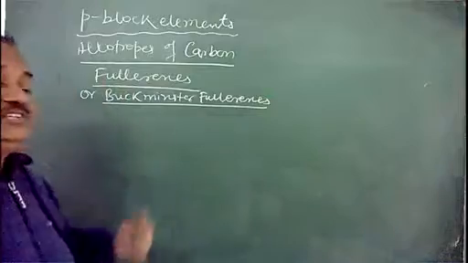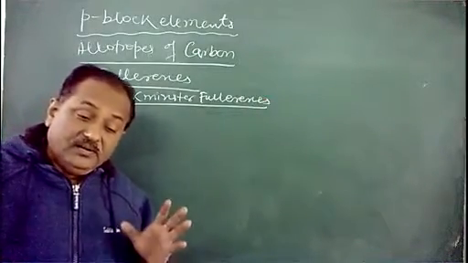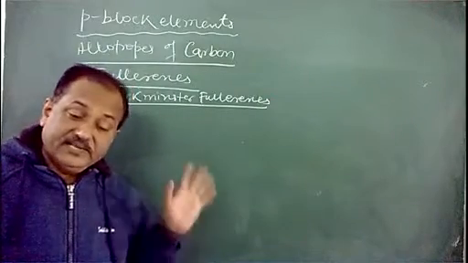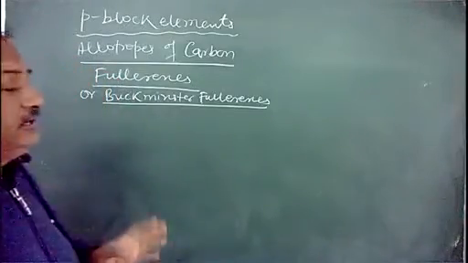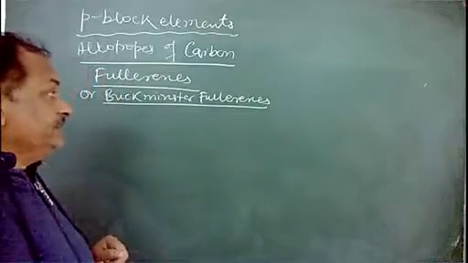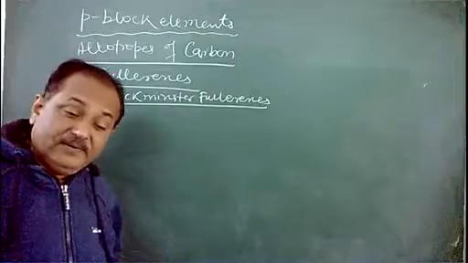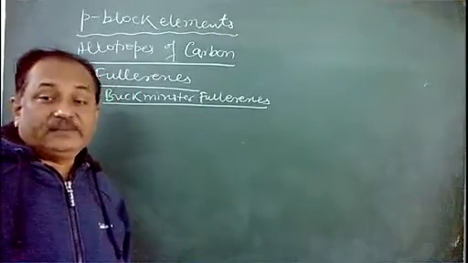Actually, Buckminster is the name of a person who owns one of the biggest construction companies in the world. The person is from the US, and so in his honor, actually his name is Buckminster Fuller. So in his honor, the allotrope was called Buckminster Fullerene.